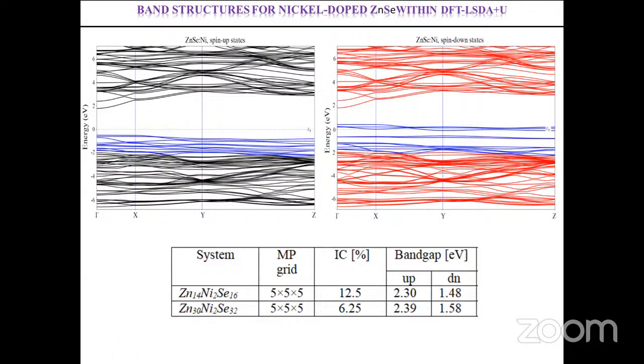The figures illustrate that the spin-up band states for this structure have a semi-metallic nature due to the top of the valence band cutting the Fermi level, and we can say that nickel doped zinc selenide has a half metallic behavior for all studied concentrations of impurity atoms.